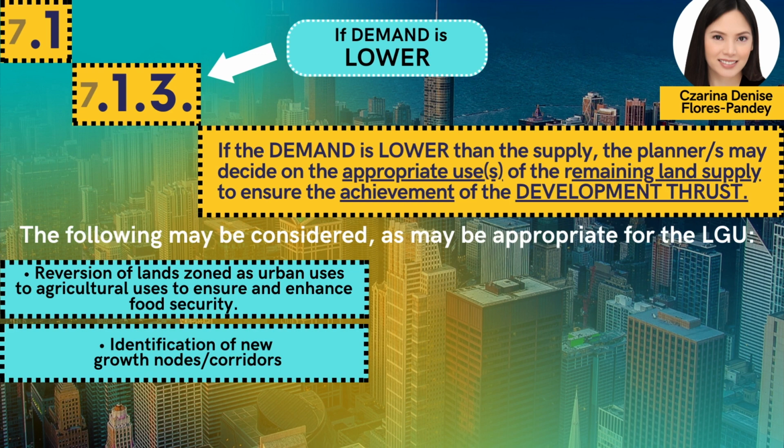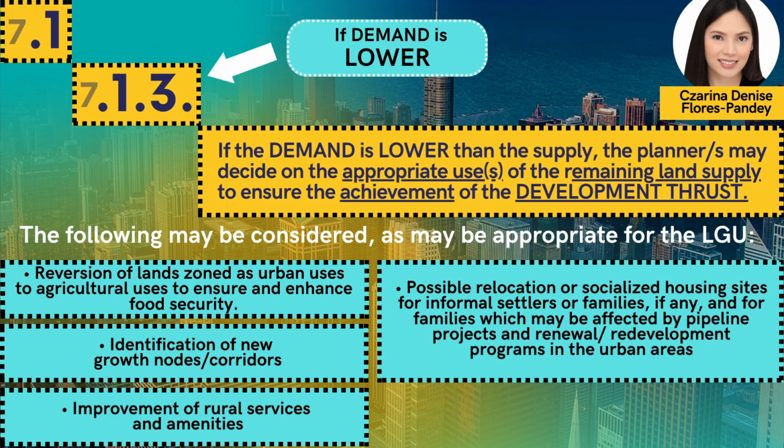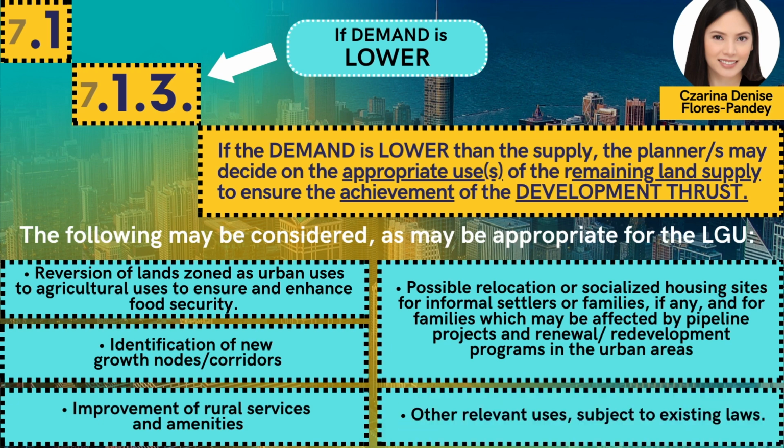Identification of new growth nodes or corridors. Improvement of rural services and amenities. Possible relocation or socialized housing sites for informal settlers or families, if any, and for families which may be affected by pipeline projects and renewal or redevelopment programs in the urban areas. Other relevant uses subject to existing laws.